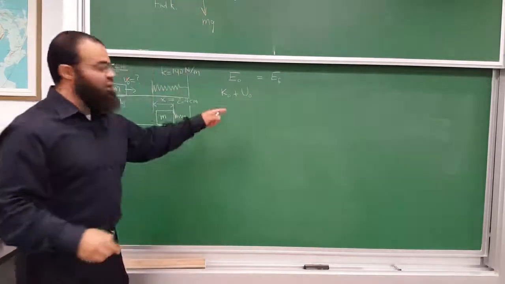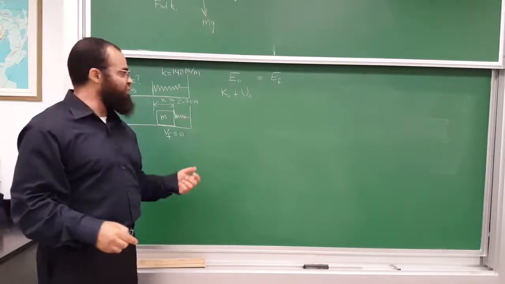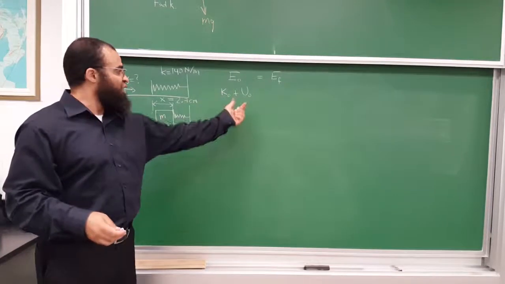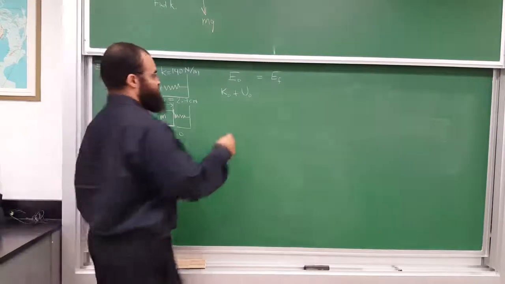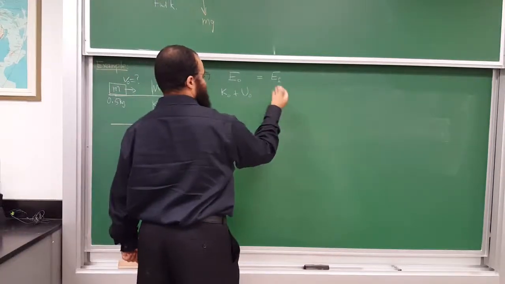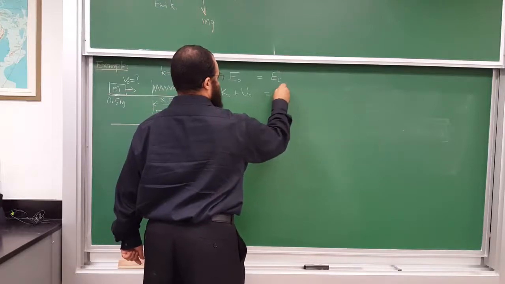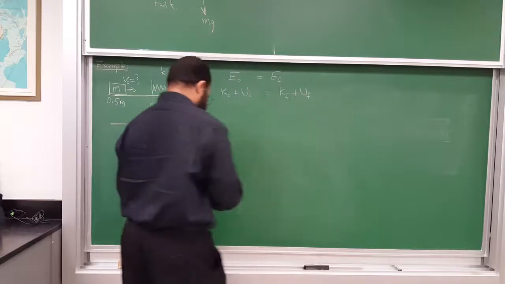When I say potential energy, I'm talking about spring potential energy or elastic potential energy. If we had gravity, we would have another potential energy on top of this spring potential energy. We will in a moment. You just have to add it, that's all. And then the total energy at the end equals the kinetic energy at the end plus the potential energy at the end.